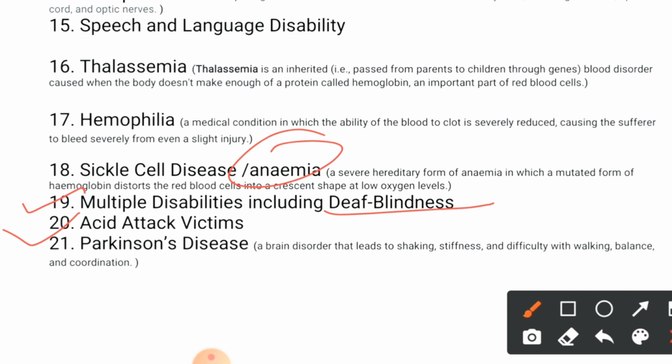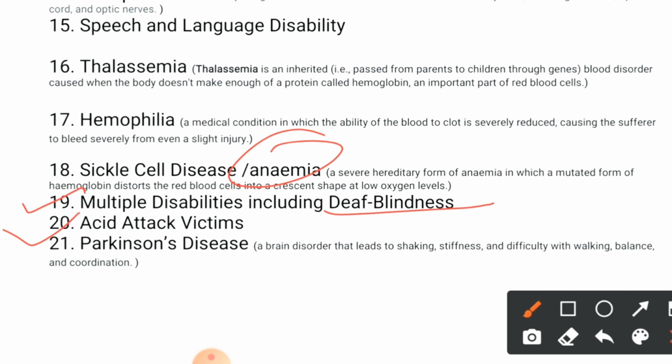So the victim is not able to gain self-confidence back. His thoughts, his ideas, his process changes, and this leads to negative thoughts in his or her mind.